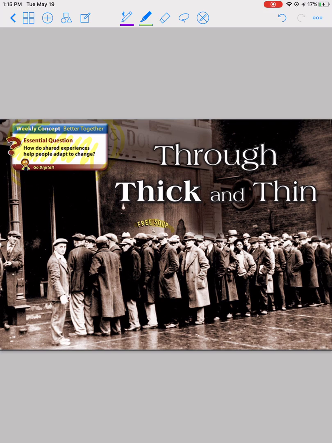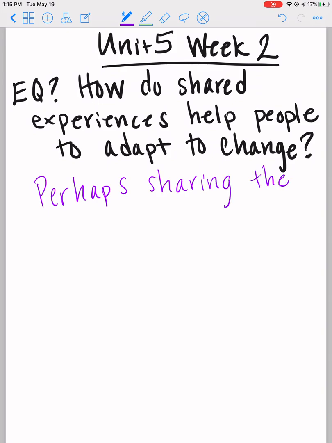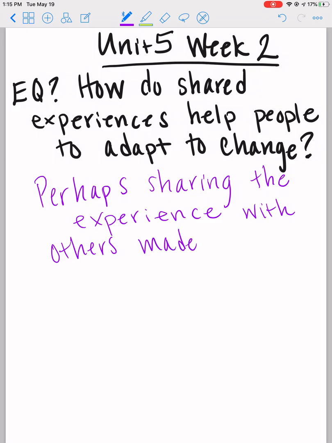So when you come back to our essential question, how do shared experiences help people to adapt to change? Well, perhaps sharing the experience with others made it easier to handle the hard times.